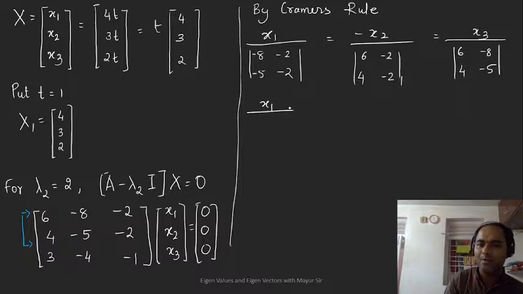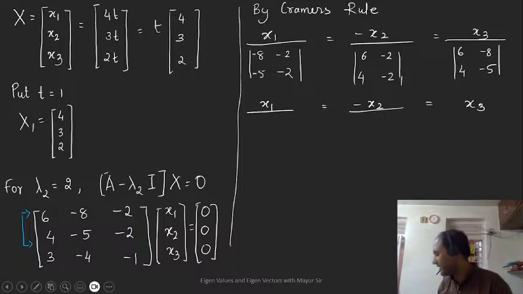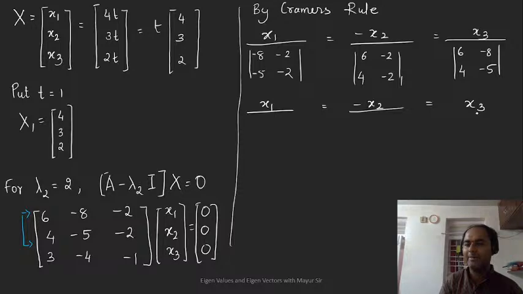So below x1, what do we write? And below this, what do we write? I'm waiting for your answers, so let me know in the comment section.